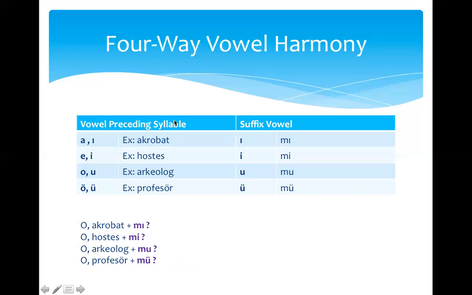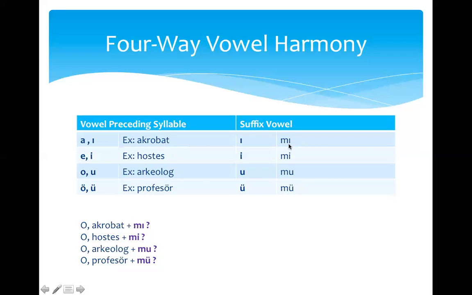So now we here actually have several nouns listed, and we're going to present the four-way harmony in the m question participle. Acrobat is the noun here, ends with the vowel a.